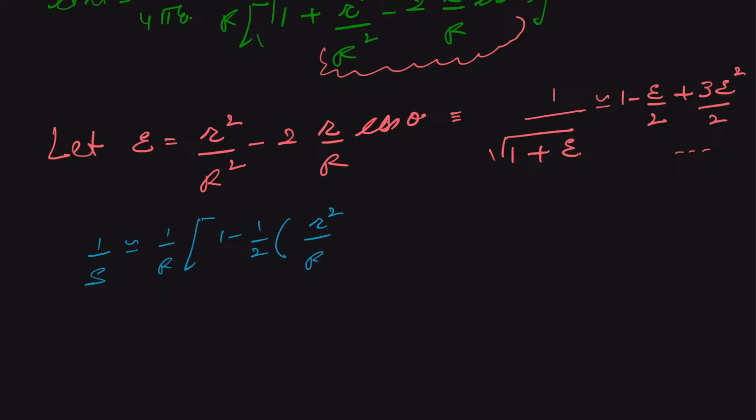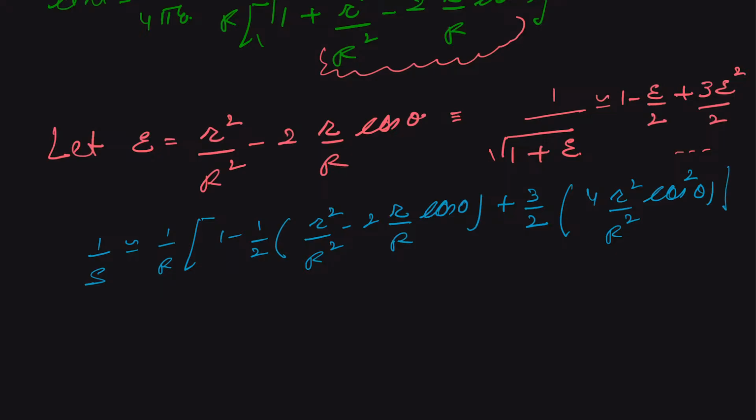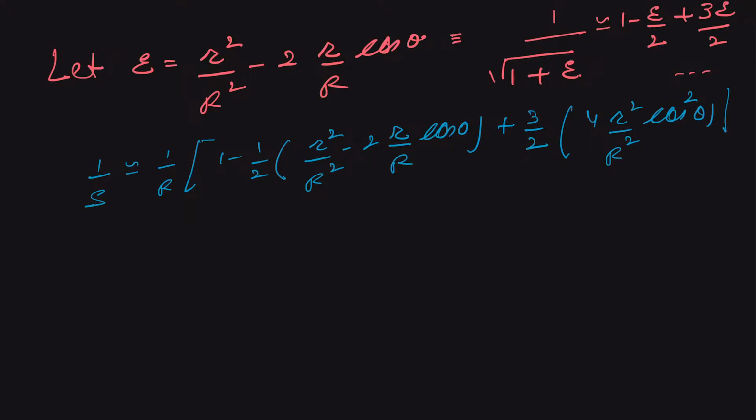we have capital R square minus 2 r cos of theta plus 3 by 2, and then it is squared, so this comes as 4 R square, capital R square, cos square of theta. And we can further solve it a little bit, and this will be equal to 1 upon r, and we can combine the terms.